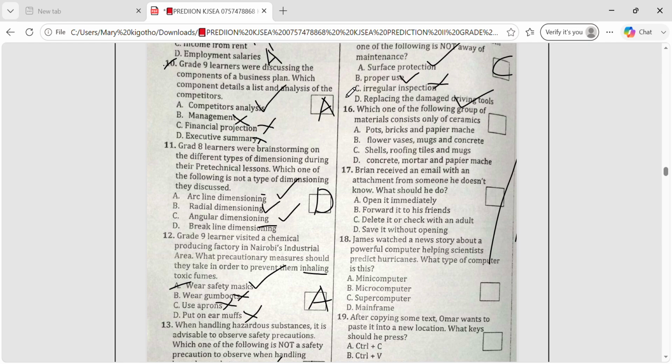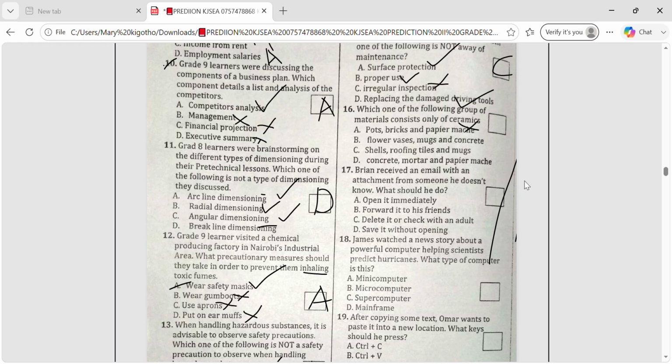So we have pots, brick, and papier-mâché. So this is not a ceramic material. Papier-mâché is not. We have flower vases, mugs, and concrete.